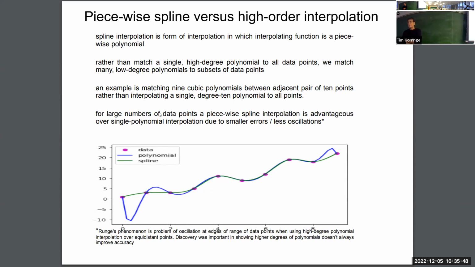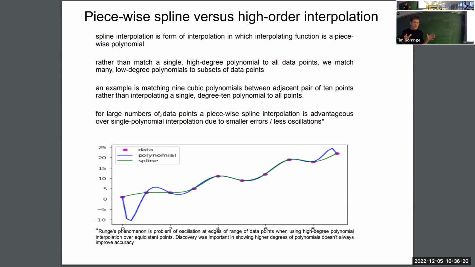As I say, a spline is really a set of polynomials that we're interpolating with between data points, rather than a single polynomial that we're using to interpolate all the data points. So in the spline, you've got low order polynomials. In the Lagrange interpolator, you've got high order polynomials.